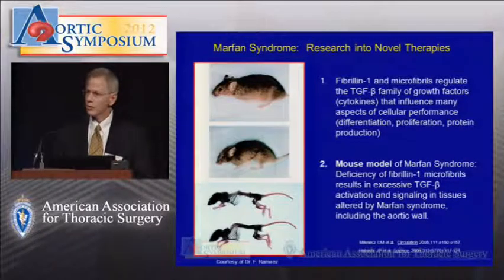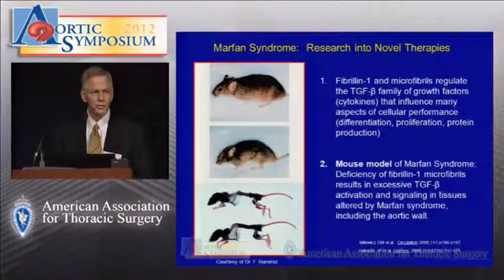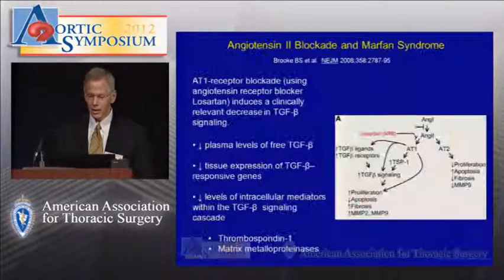But it's a mouse model of Marfan syndrome and other syndromes which are providing the insight into the basic pathogenesis of these diseases. As Diana said, fibrillin-1, the abnormal protein in Marfan syndrome, and the microfibrils regulate TGF-beta, the family of growth factors influencing many aspects of cellular performance. In fibrillin-1 deficient mice, the Marfan mouse model, there's excess TGF-beta activation and signaling in the tissues involved in Marfan syndrome.